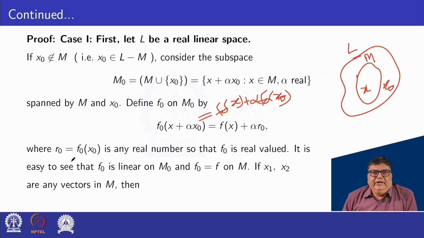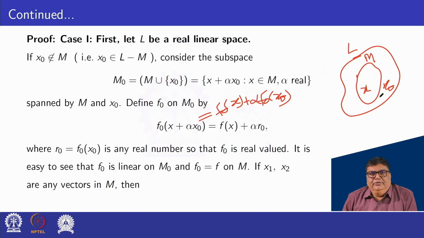It is easy to see that f0 is linear on M0. Such a case was already discussed in the Hahn-Banach theorem. So f0 is linear on M0 and f0 is equal to f on M.